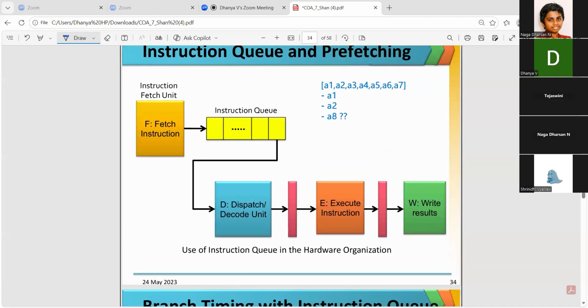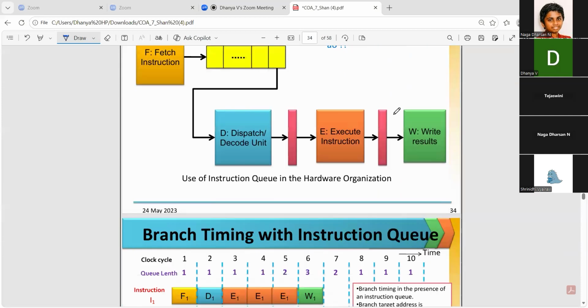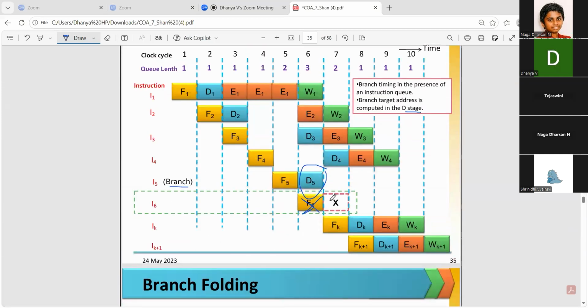I told you about prefetching, no? If you need to jump from A5 to A7 by skipping A6, by prefetching you are reading and fetching everything in advance and keeping it, so that you don't really notice that the branch exists. You need not flush everything out and all of those sorts.